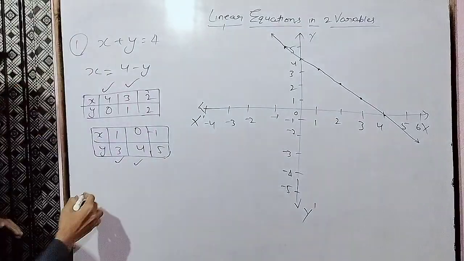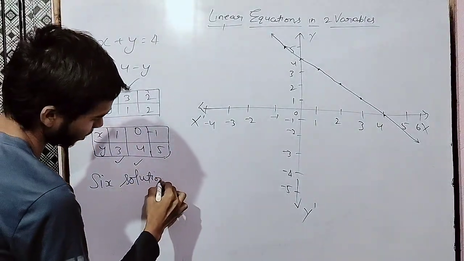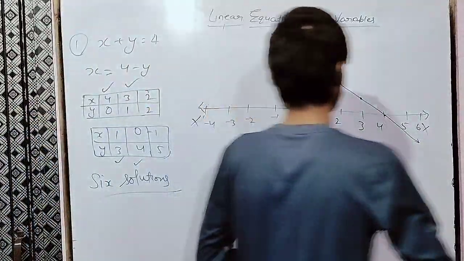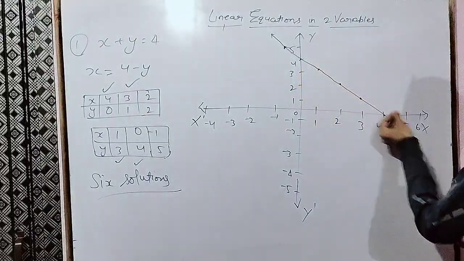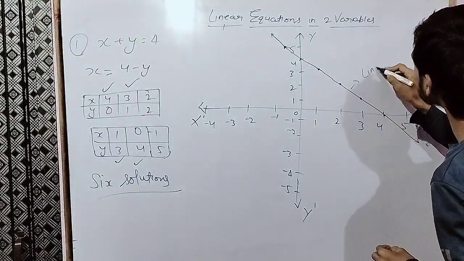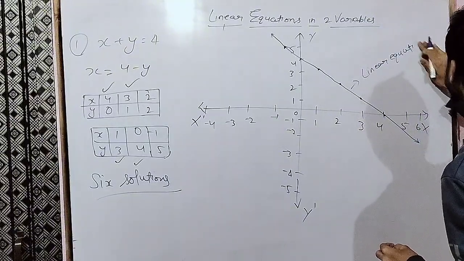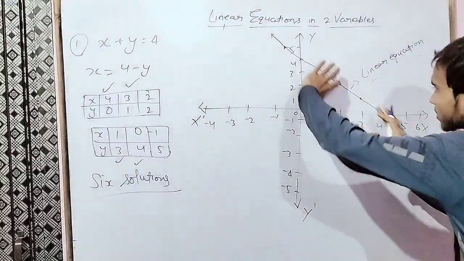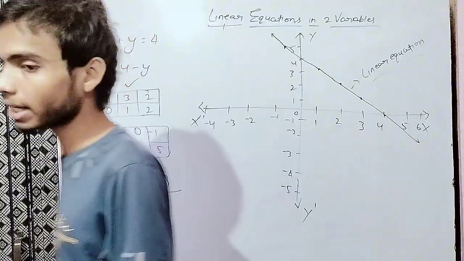We have found 6 solutions, and you can see six coordinates are making a linear line, and it is called a linear equation, because it is making a linear line. That's why it is a linear equation.